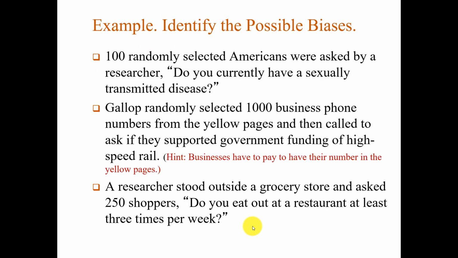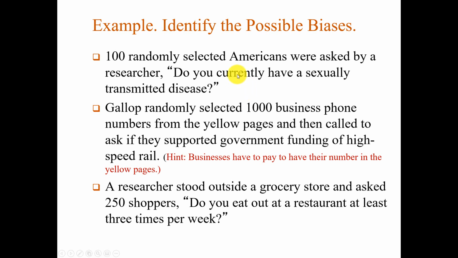Another example. I would like for you to pause the video and maybe you can answer these. Alrighty, so 100 randomly selected Americans were asked by a researcher, do you currently have a sexually transmitted disease?